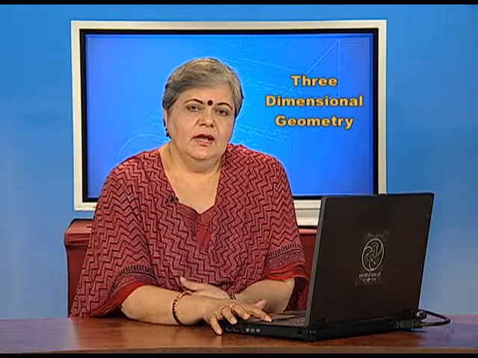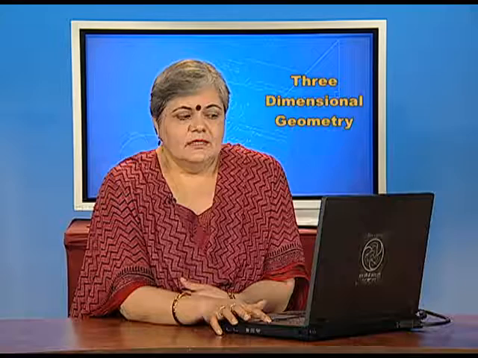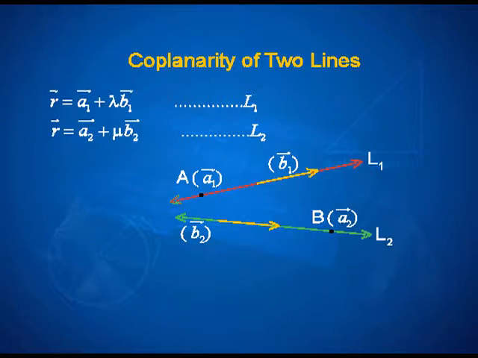If I have the line L1 equation given, what I do know about that line is that it is passing through the point A with position vector a1 and is along a vector b1. Similarly, the L2 equation means that the line is passing through the point B with position vector a2 and is along a vector, say b2 vector.